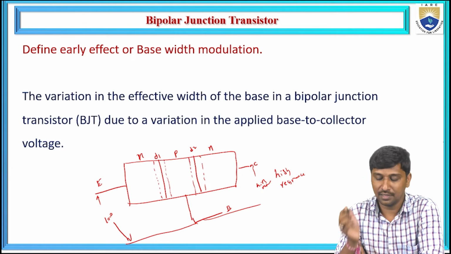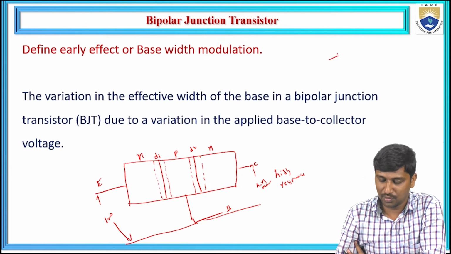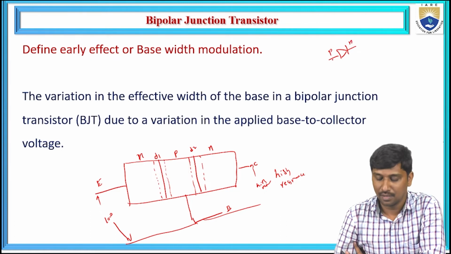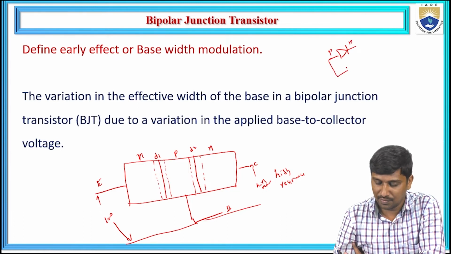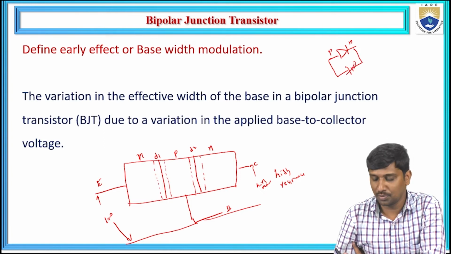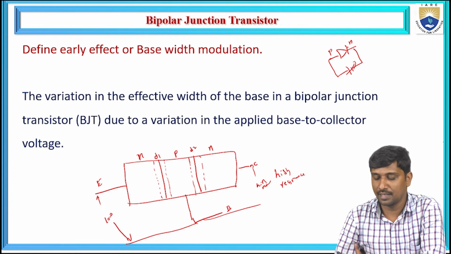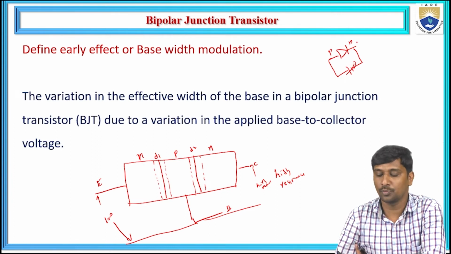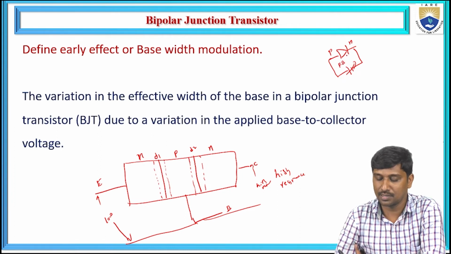If you recall the diode operation, let us consider a normal PN junction diode. When the PN diode is configured under forward bias, P is connected to the positive pole of the battery and N is connected to the negative pole of the battery. We can say the diode is in forward bias.